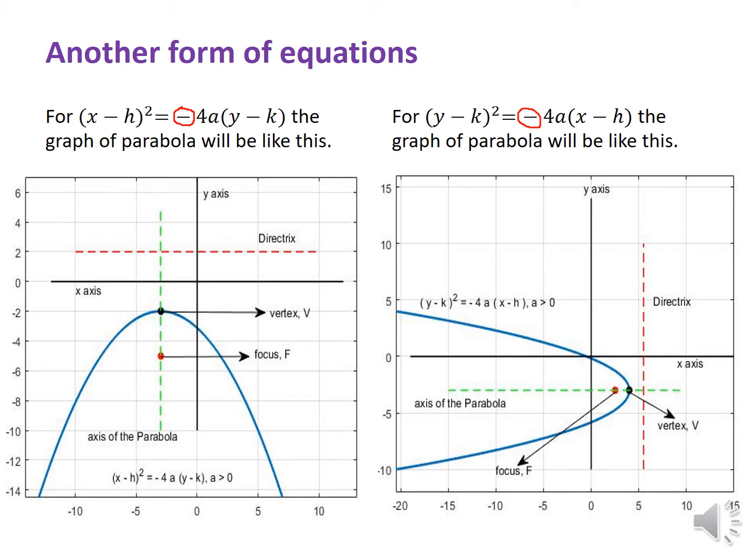For this type of equation the shape of the parabola is like this, and for this type of equation the shape of the parabola is like this. Look here, this is the directrix of the parabola, this is the axis of this parabola, this is the vertex and this is the focus.